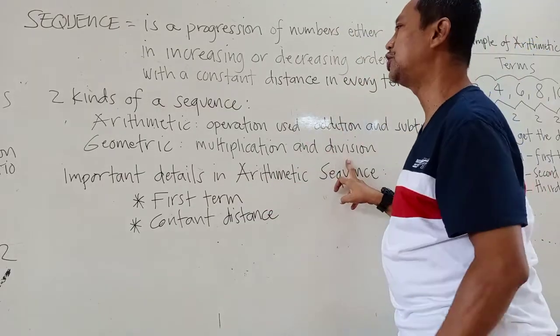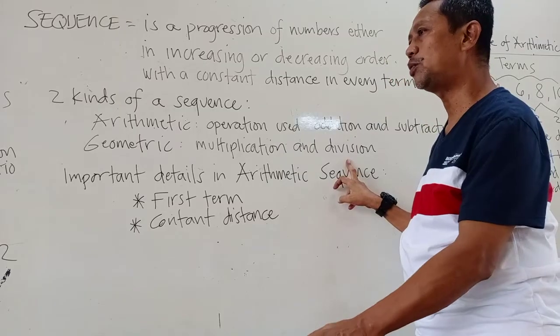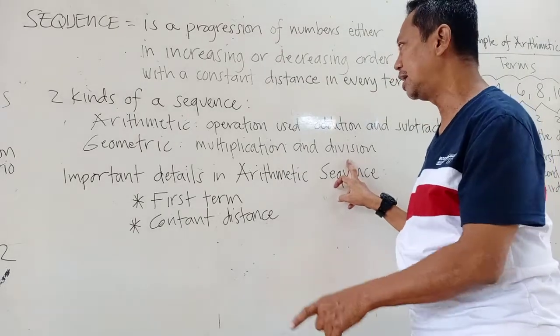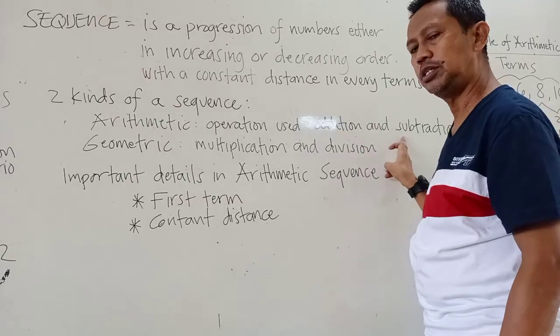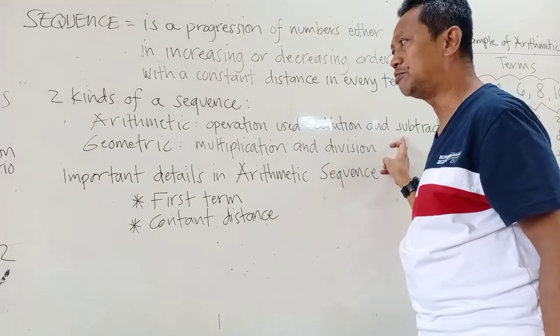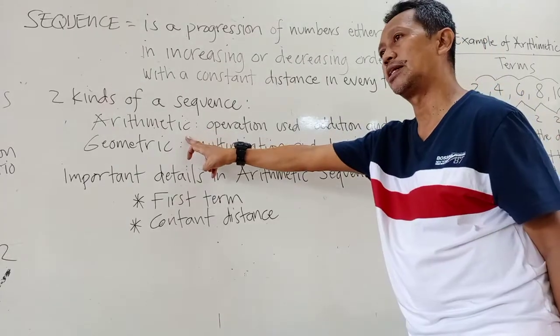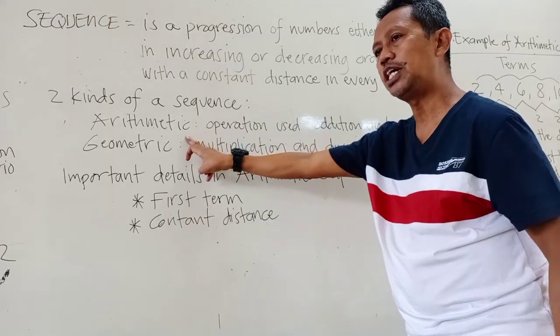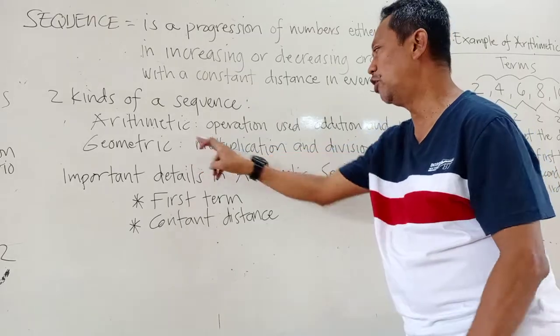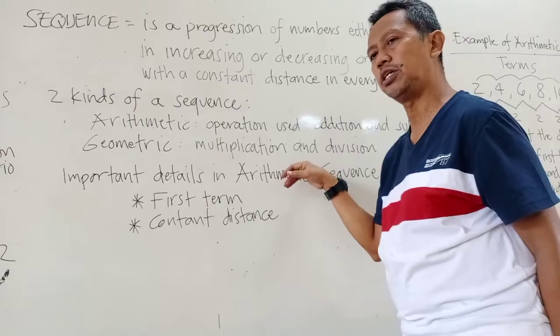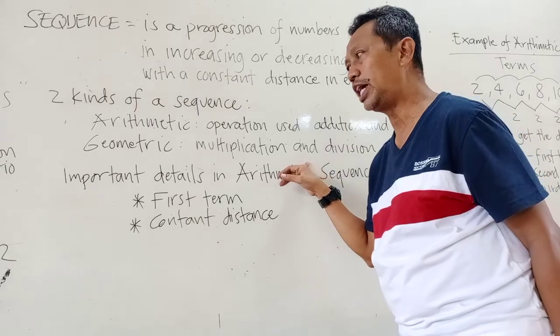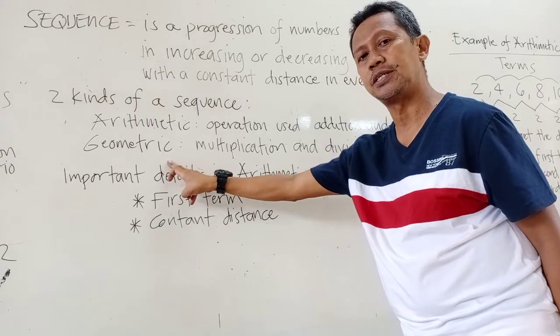So take note of the two. Whenever a sequence uses addition or subtraction, that kind of sequence is arithmetic. Whenever a sequence involves division and multiplication, you are in a geometric sequence.